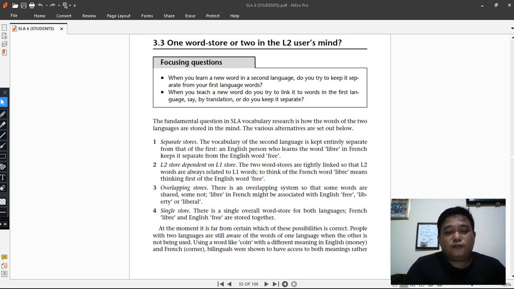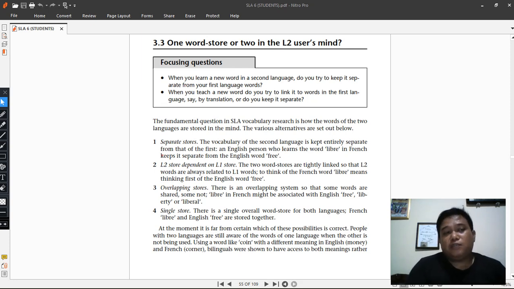In this kind of store, you still have separate stores. However, there is a link between your second language and your first language. In the first one, there is no link between them. So when you try to speak in English, you just use the second language store, and when you try to speak in Indonesian, you just use the first language store.